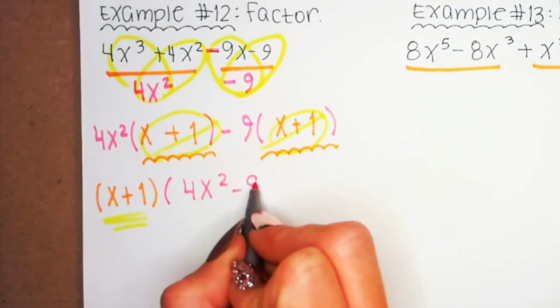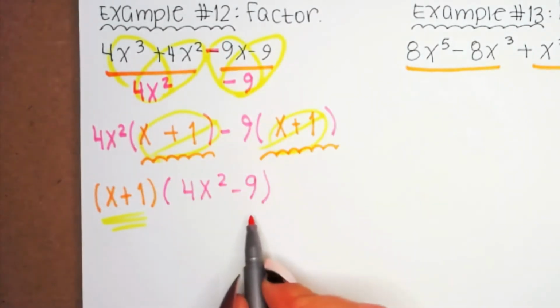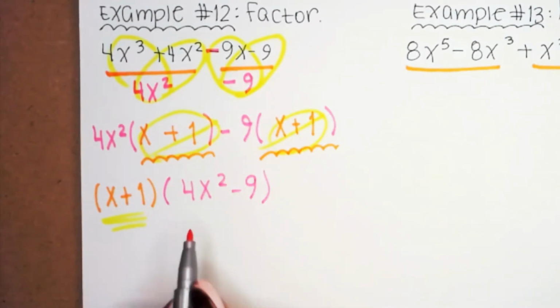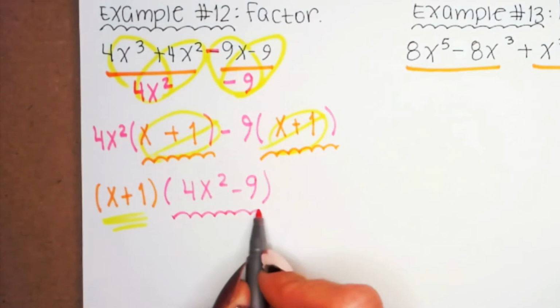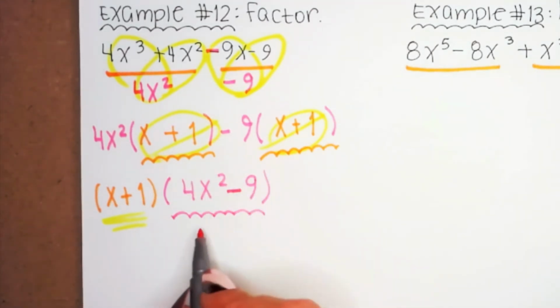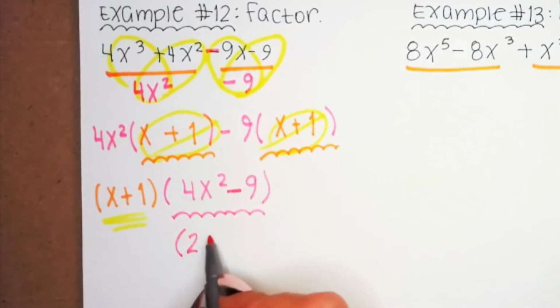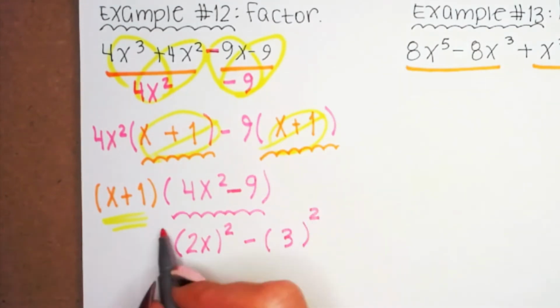4x squared minus 9. Now, why wasn't this example in the earlier set? Can I take this problem further? Here we have a difference of 2 squares. That's really 2x squared, and that's really 3 squared.